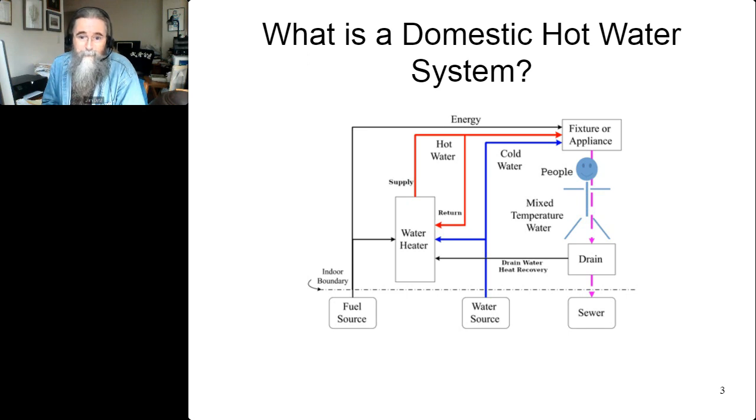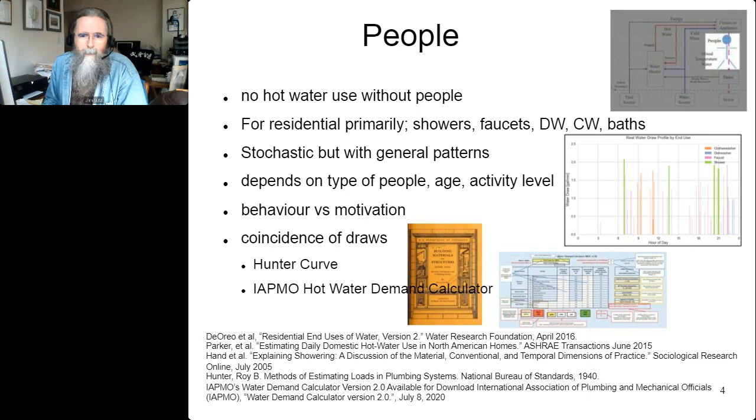Some systems are large enough to have a recirc loop, and then of course you have the water heater, and on some systems you have drain water heat recovery. So I'm going to step through each of these sections and just describe briefly what might be important to consider in some aspects.